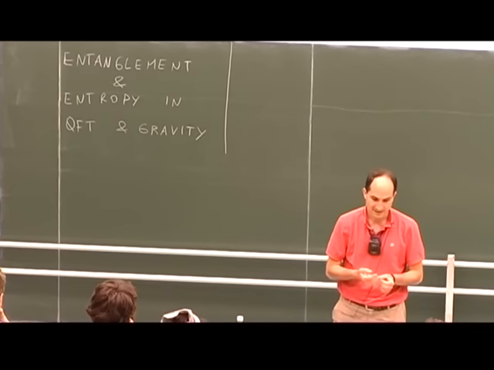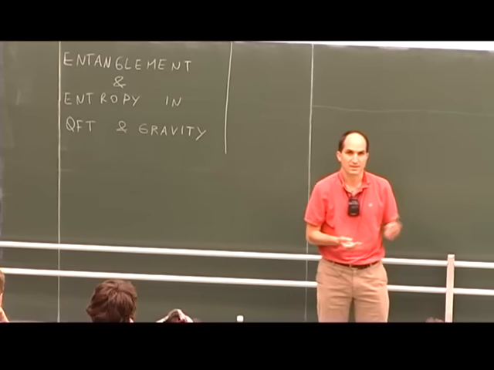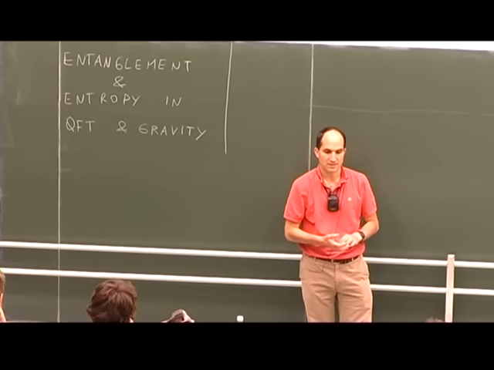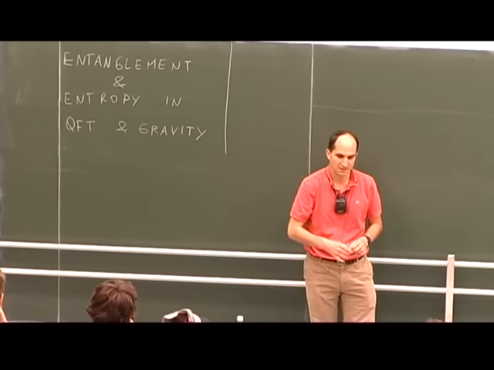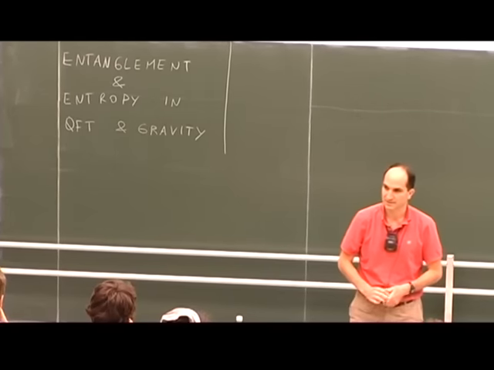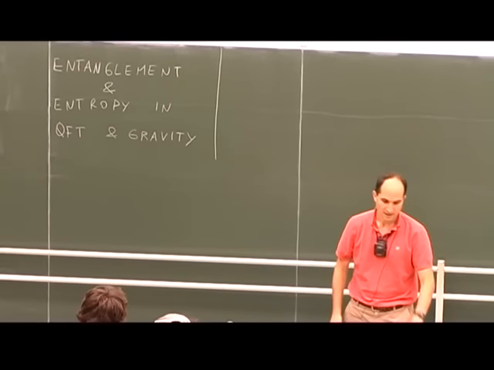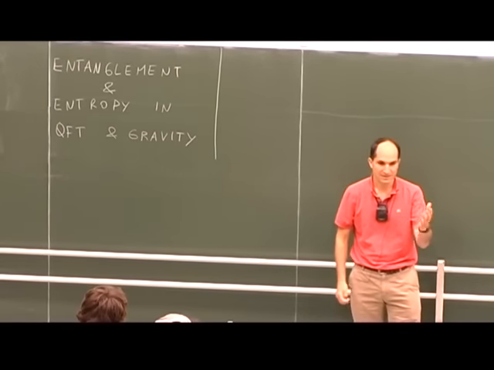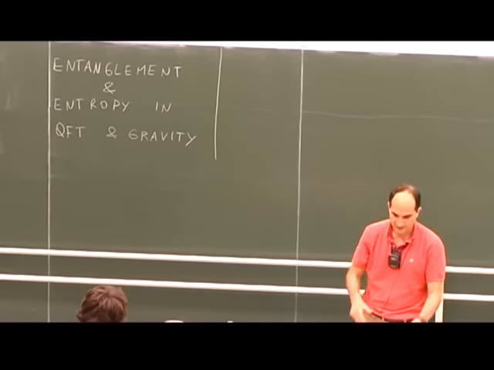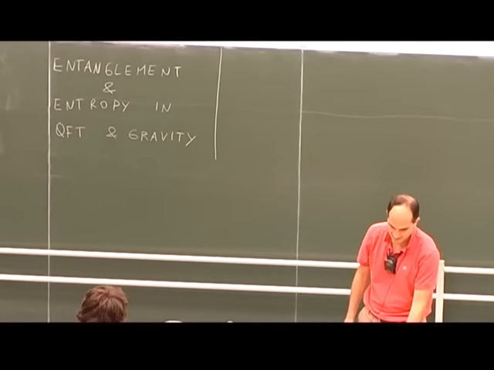For example, I could give some recent proofs of the C and F theorems, which are quantities which decrease under renormalization group flow, defined and proven based on entanglement entropy ideas. I might or might not talk about that depending on your interest. That is an example of a quantum field theory application of these techniques.